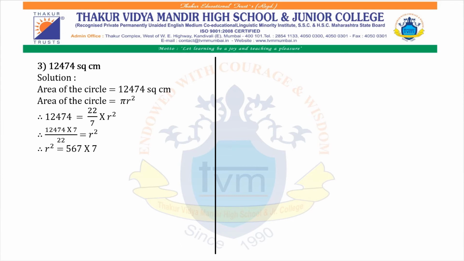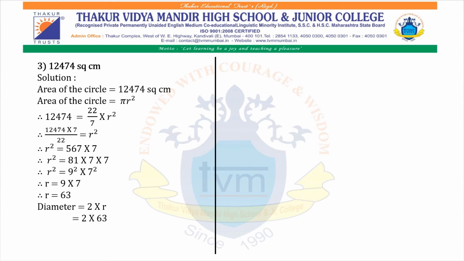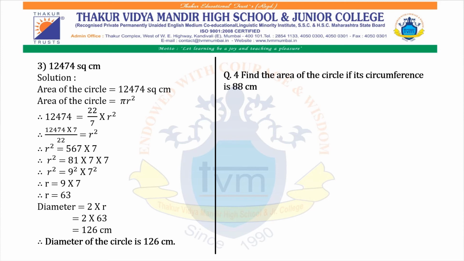Therefore r square is equal to 567 into 7. That is r square is equal to 81 into 7 into 7. r square is equal to 9 square into 7 square. Therefore r is equal to 9 into 7. So r is equal to 63. Diameter is equal to 2 into r, that is 2 into 63, that is 126 centimeters. Therefore diameter of the circle is 126 centimeters.